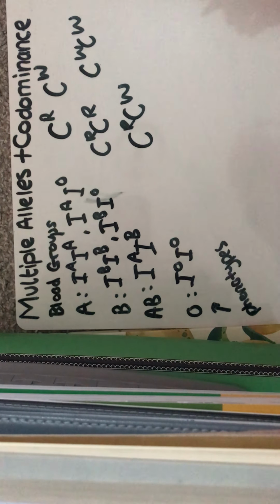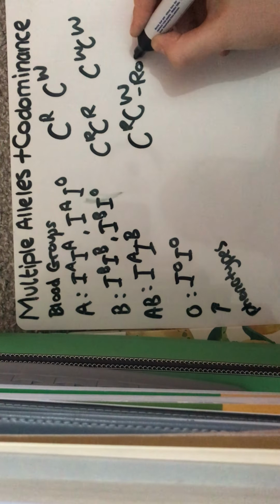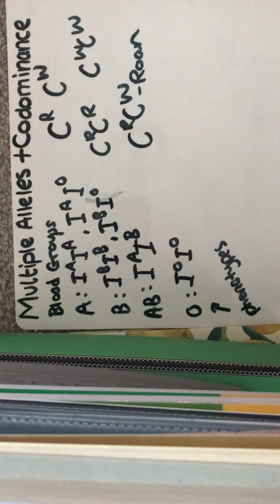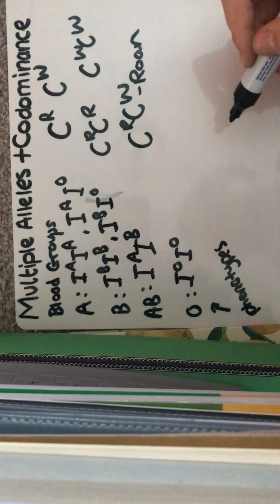So they're called roan. It's just showing that it's both red and white. So it's not that they've got just one or just the other. They're showing both characteristics. And if roan cattle are mated, then the offspring will show all 3 phenotypes in the ratio 1 to 2 to 1. And I'll show that in a Punnett square.